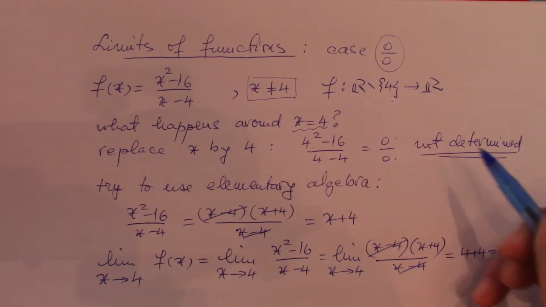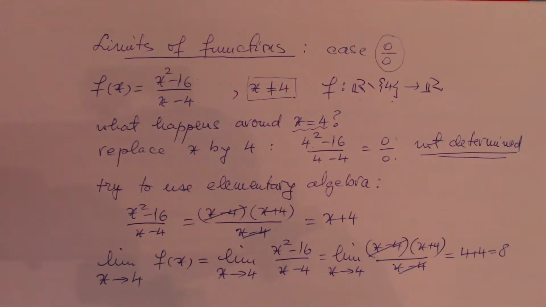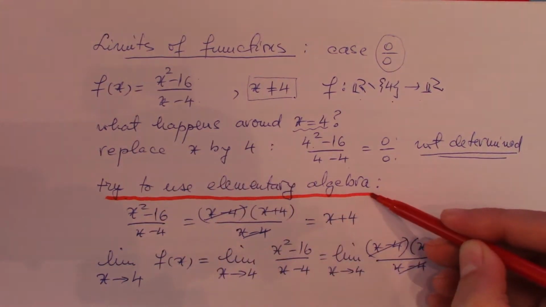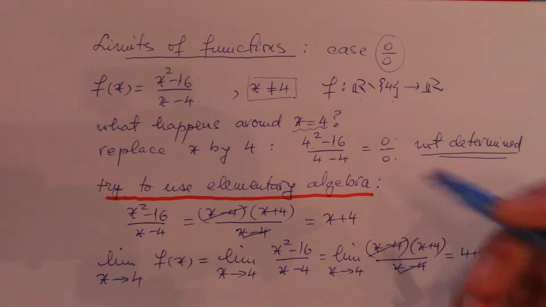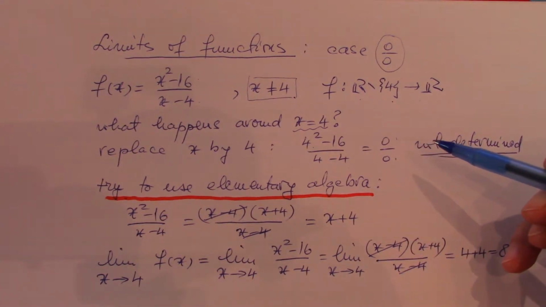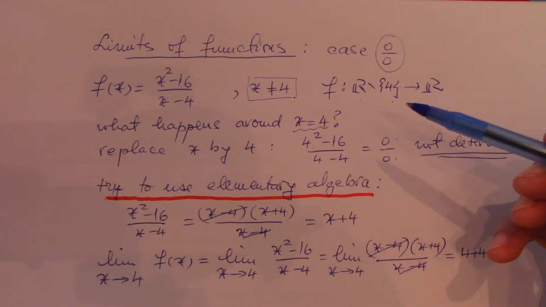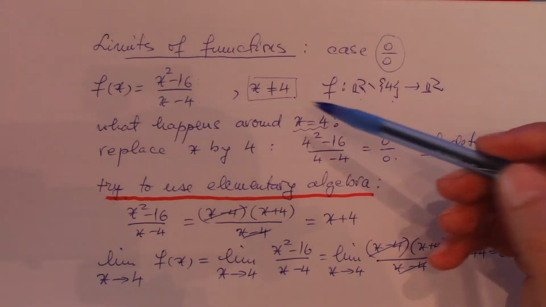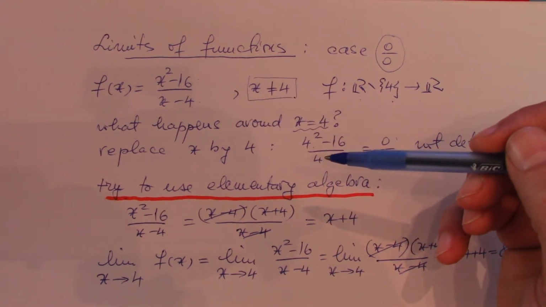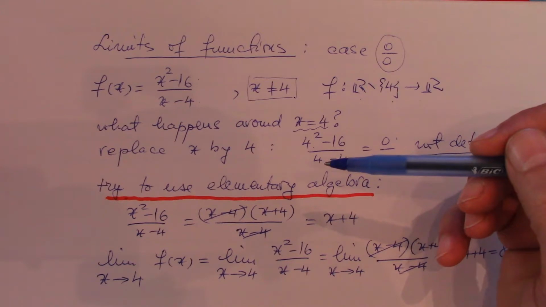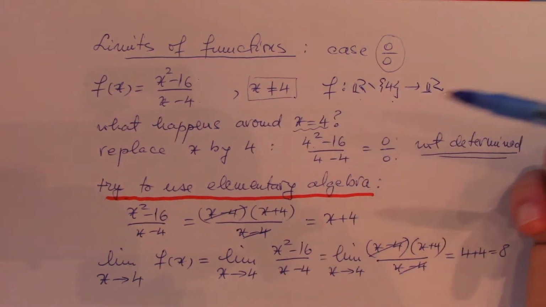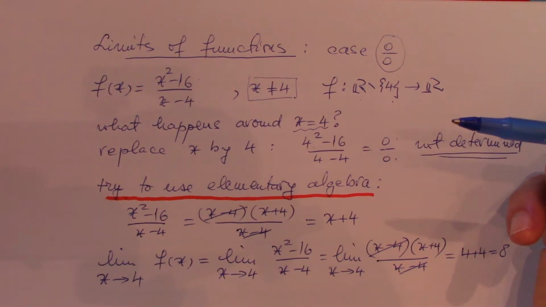Now the first thing to try is to use elementary algebra in order to deal with this situation where we try to divide 0 by 0. Pretty much what this means is we try to factor both the numerator and denominator of this fraction in order to hopefully simplify the fraction by x minus 4 and thus get away from this problem.